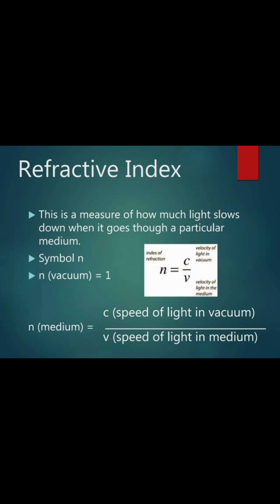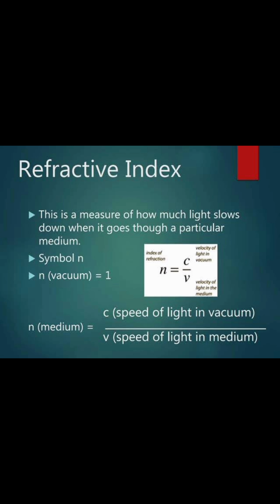Mu equals the speed of light in vacuum divided by the speed of light in the medium. For example, mu for air is 1, for water it is approximately 1.33, and for glass approximately 1.5. So the higher the refractive index, the more refraction.